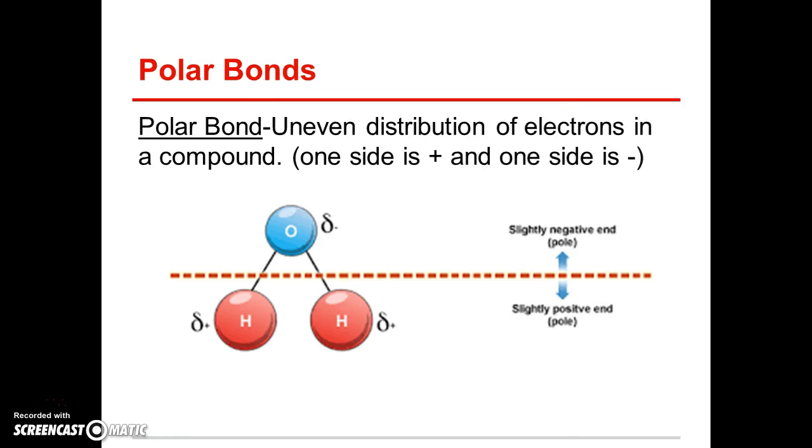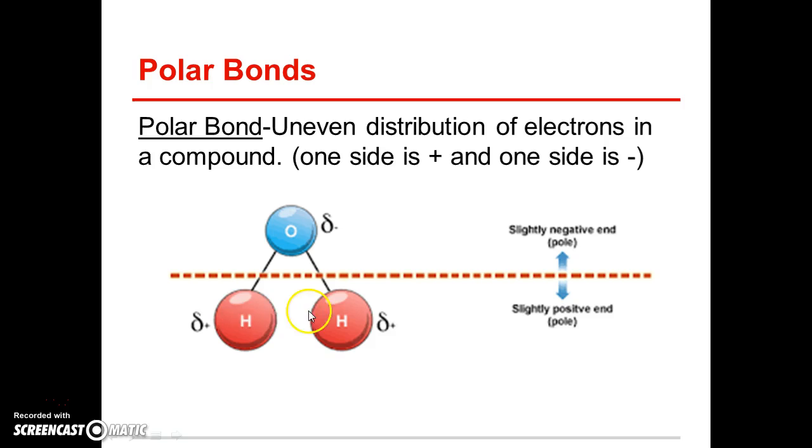Polar bonds. You learned about ionic and covalent. Polar bonds are something that are just a little bit different. What do we have here in this example? We have 2 H's and an O, H2O, which is water.